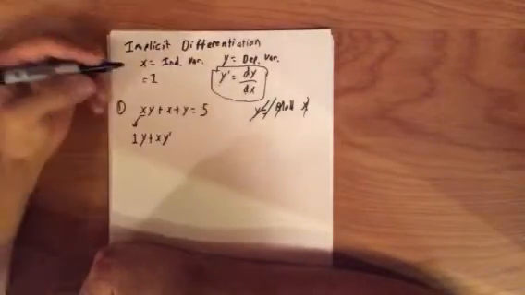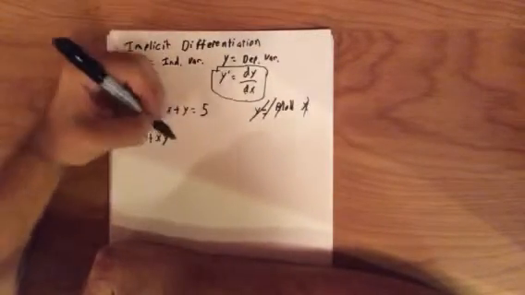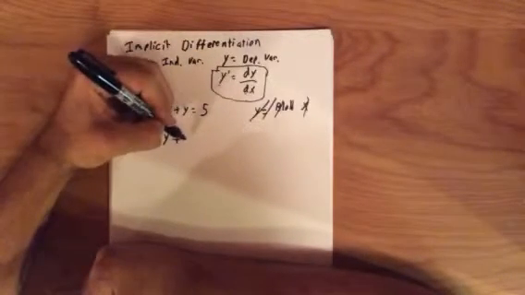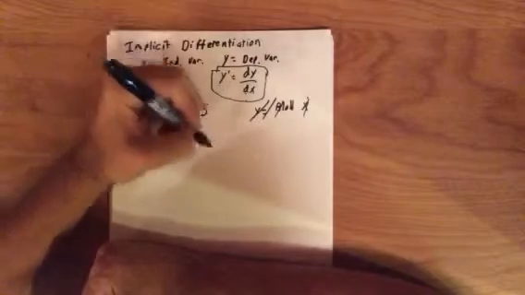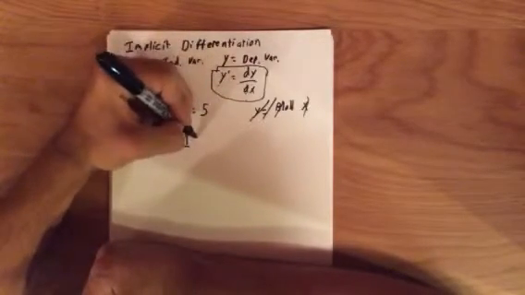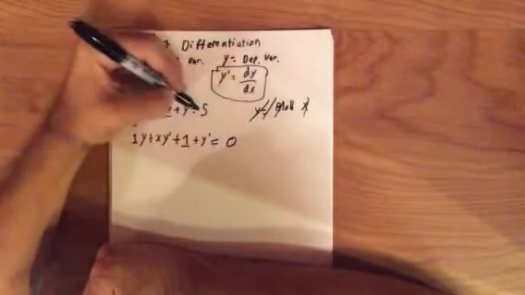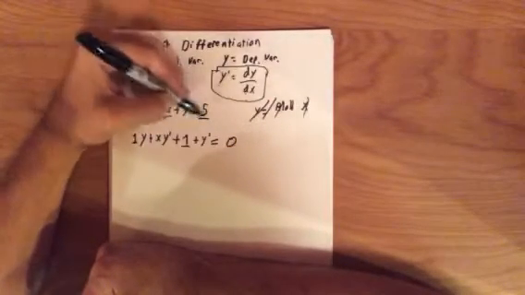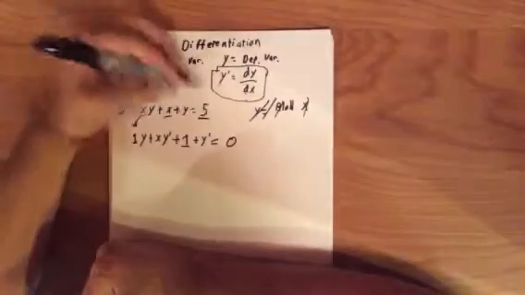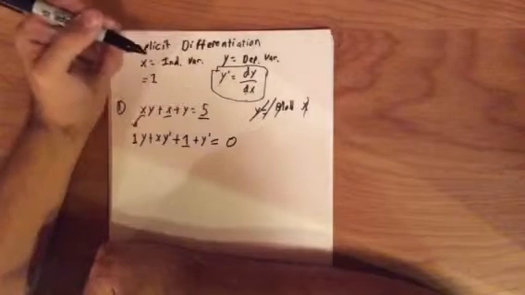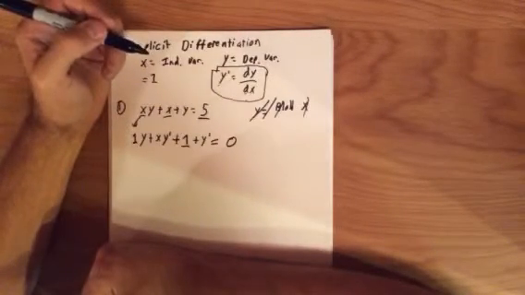Plus, now we're on to the second term, x, and the derivative of that is 1. On the third term, we have y, and the derivative of y is y prime, so plus y prime is equal to the derivative of any integer, which is a constant, which is going to be 0. It doesn't matter if this is 99, 152, negative 8, any integer will have a derivative of 0.